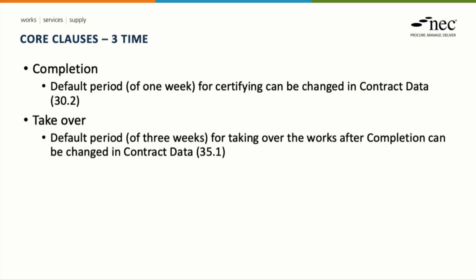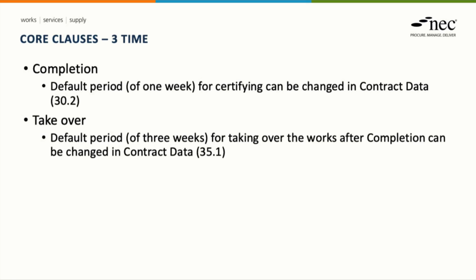In terms of section 3 of the contract that deals with time, only a couple of changes. And these are to do with the timescales associated with certifying completion. So we've introduced some flexibility. The default is the project manager certifies completion within 1 week, or a different period if it's stated in contract data.